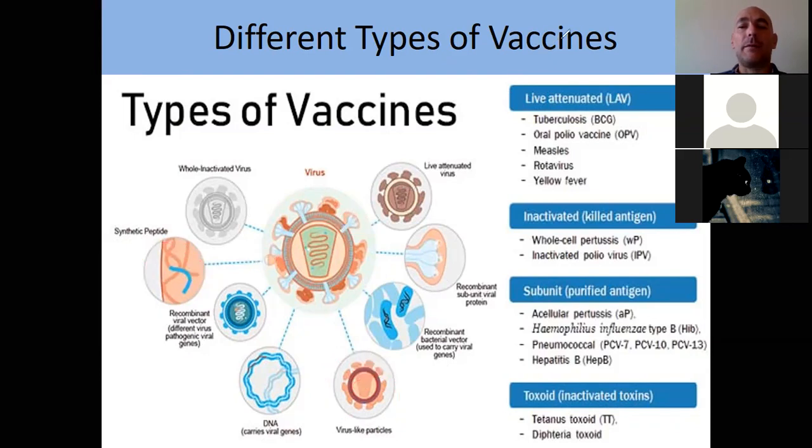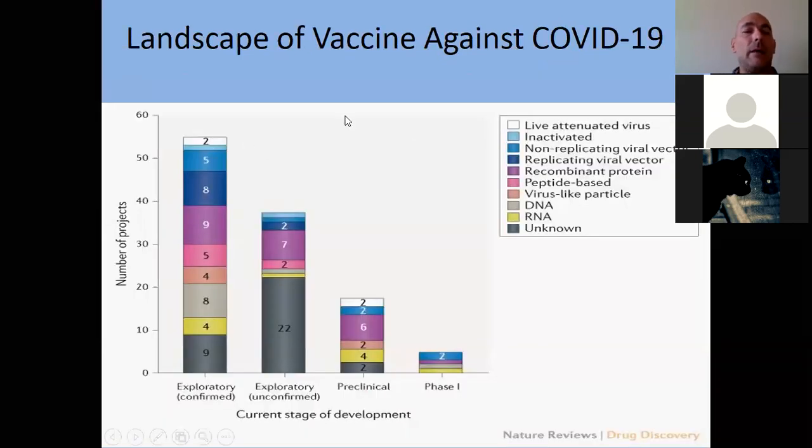Now, if you look at the landscape of viruses that have been explored or tested, okay? Here is the list of the different types of viruses, okay? And here you can see this is the exploratory confirmed. What does that mean?